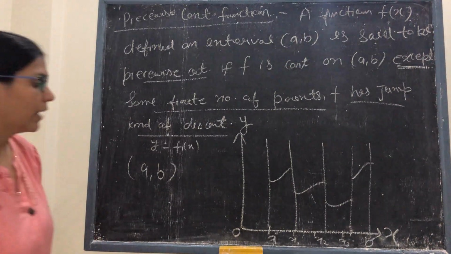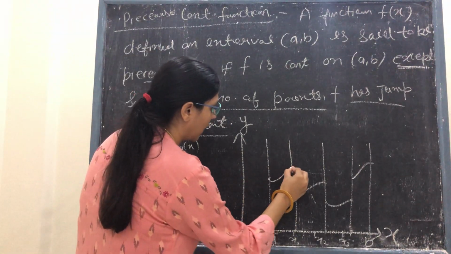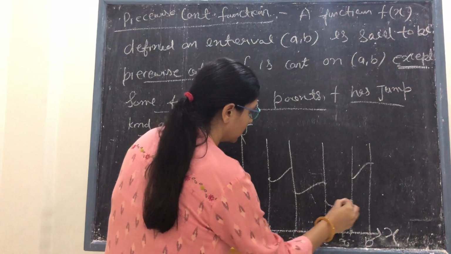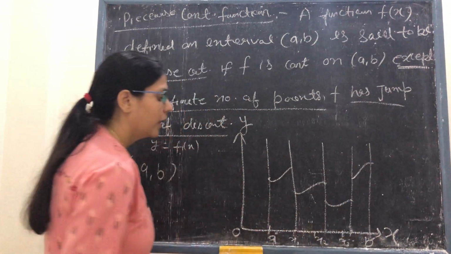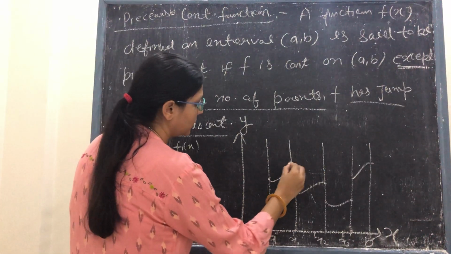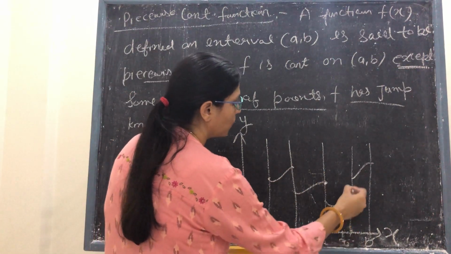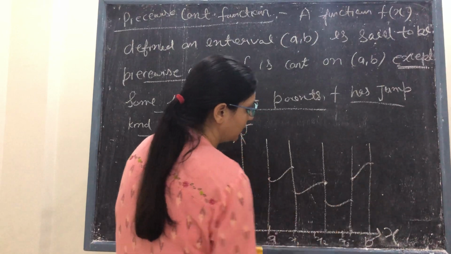Here what is happening? Our function is continuous on this interval a to b except at some points, which are the points x1, x2 and x3.